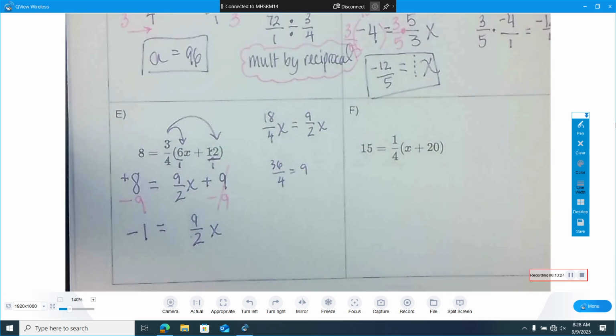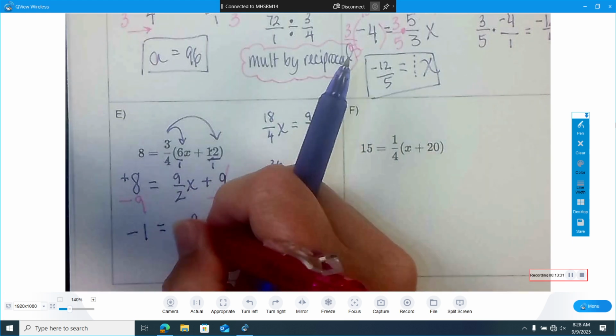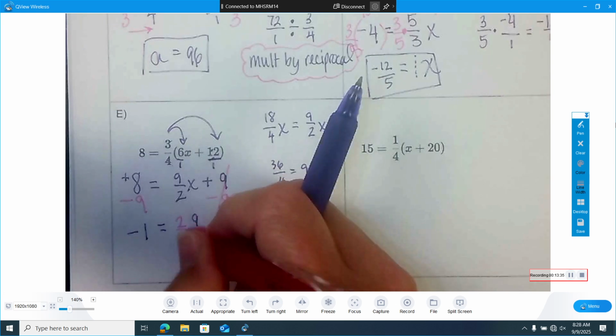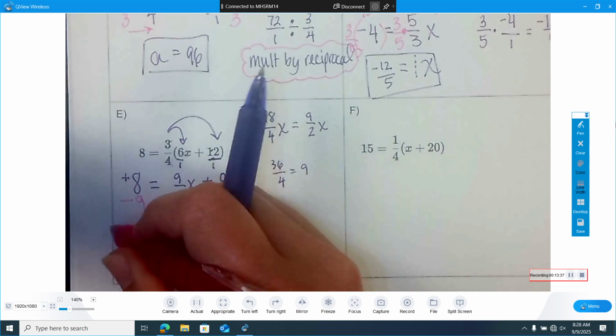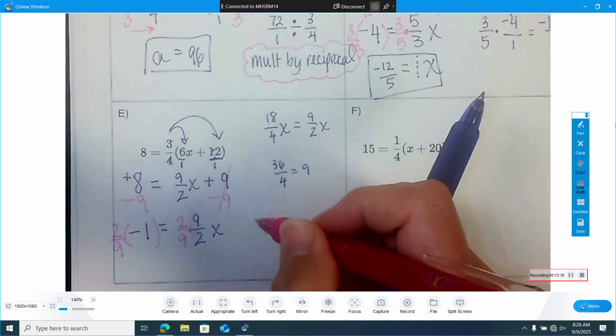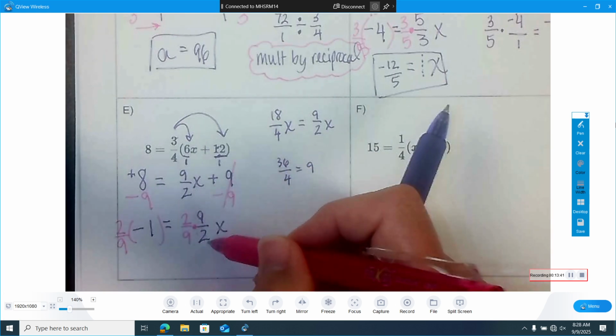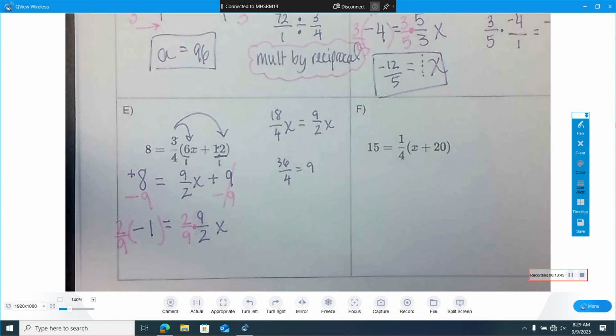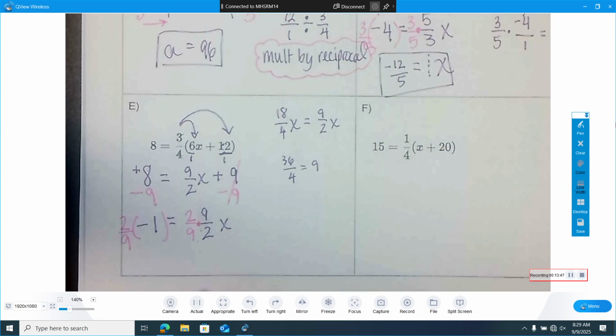All right, how do we get x by itself? Hey, good words. Very good. What is the reciprocal? 2 over 9. So we're going to multiply both sides by 2 over 9. What is 2/9 times 9/2? 18 over 18. I love that you're going right there with the rule, the straight across multiply, because I think that is the best way to remember.